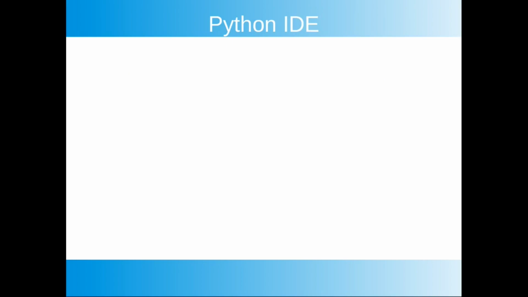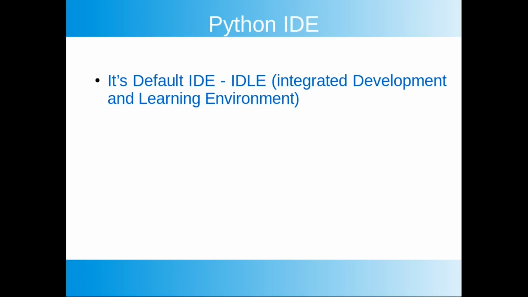One such is the default IDE, that is IDLE, which stands for Integrated Development and Learning Environment, and the other, which you need not be fearful about, is the Spyder, which comes with Anaconda distribution. And this is the IDE on which we will be working. So let us see what a Spyder looks like.